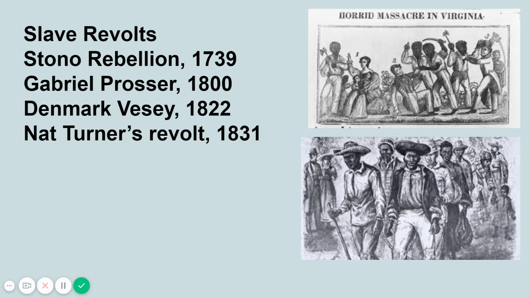There was the revolt of Gabriel Prosser in 1800, a slave blacksmith in Virginia who tried to plan a military slave revolt. Unfortunately, it never came about, and he and others who tried to join him were executed. Denmark Vesey, 1822, was a mulatto in Charleston, North Carolina.